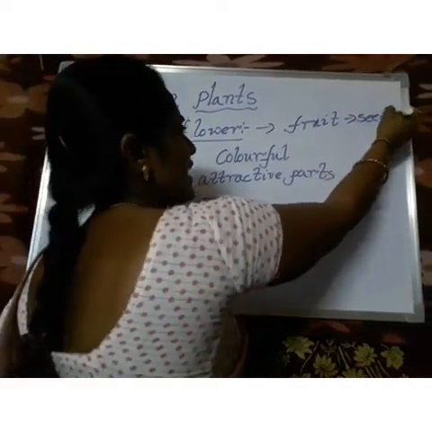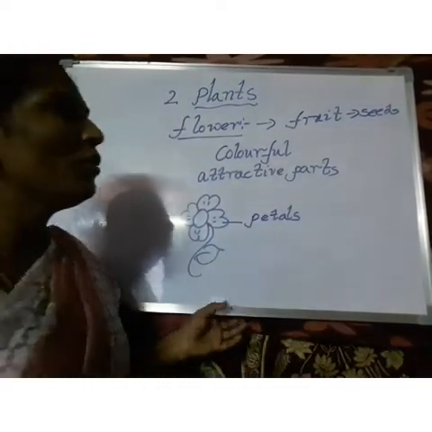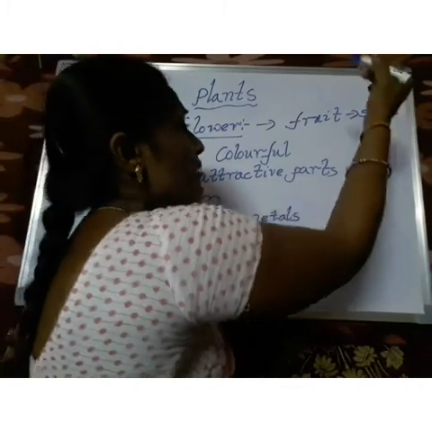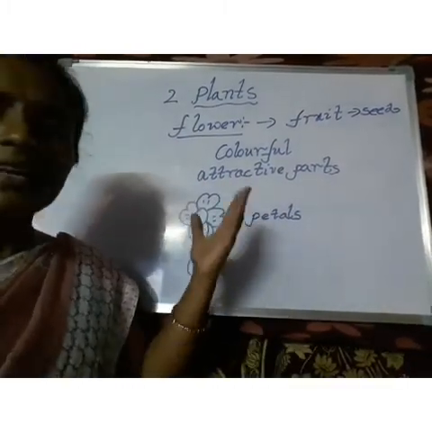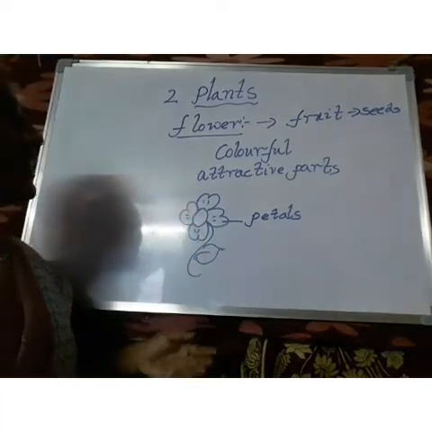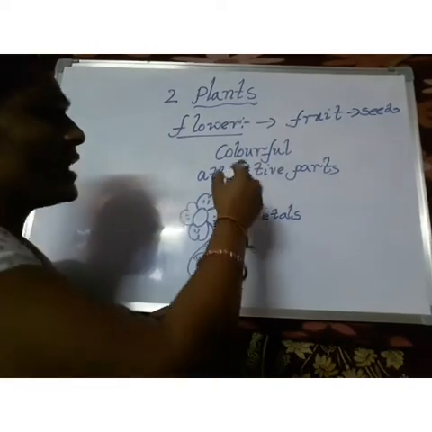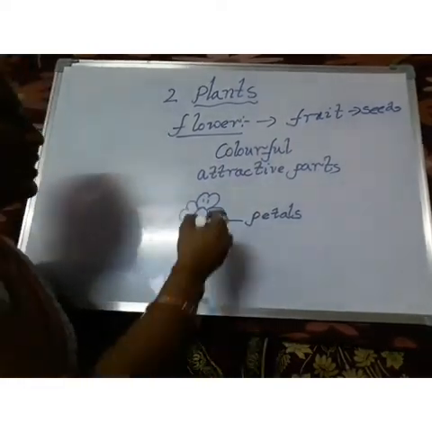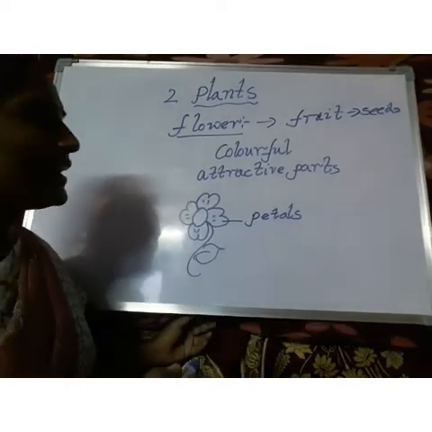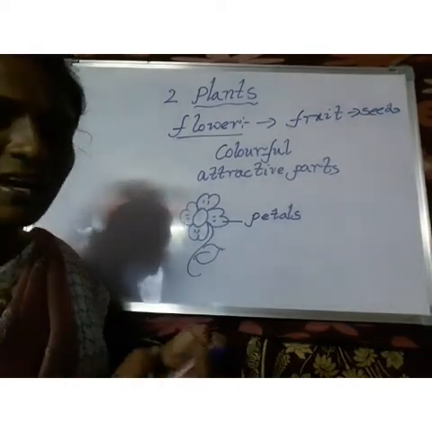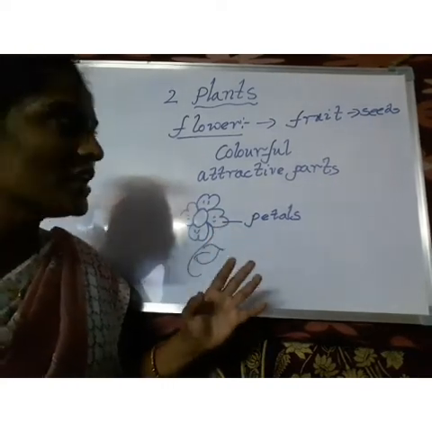If you keep the seeds in soil, automatically new plants will come from those seeds. Understood, children? Flowers are very colorful and attractive parts, called petals, and they attract the insects and then help in pollination.